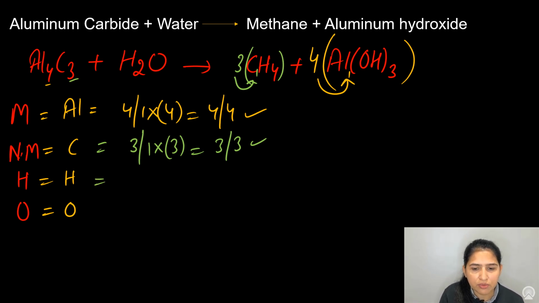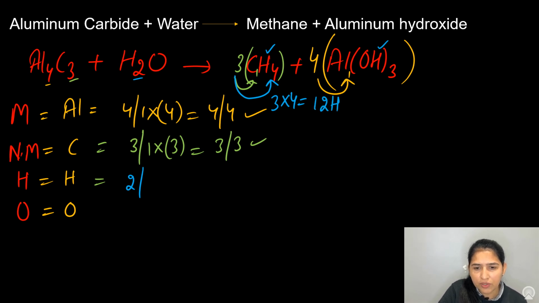When we are jumping to the hydrogen, we can see we are having only 2 hydrogen on left hand side, while you can see we are having hydrogen with methane and hydrogen with aluminium hydroxide. Now in this case, what I'm going to do, I'm going to check it for both sides. Now very first for methane, it is 3 times 4, which is 12 hydrogen.